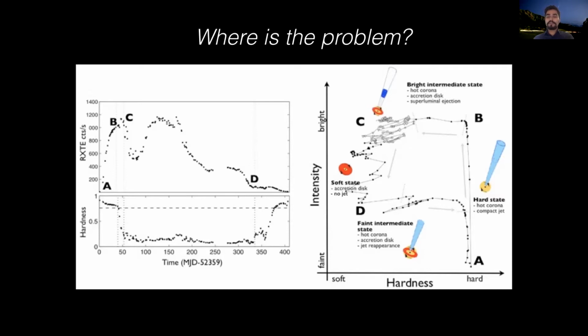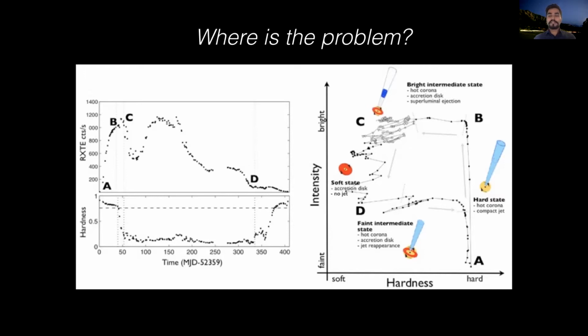As it evolves, it reaches higher luminosities and is still in the hard state. That is state B. Then it comes towards a more complicated state that we are trying to understand, the geometrically thin one, called the high soft state.